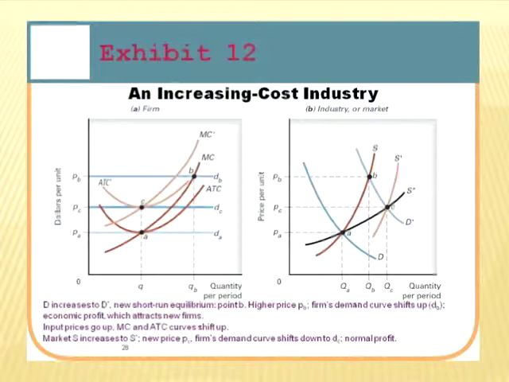In this case, as we expand the output, and probably the better place to look is in panel B, as we expand our output from point A to point C, notice that the price actually increases. Initially, we are at point A, that's the intersection of demand and supply, D and S. We have an increase in demand, which pulls us up to point B. So the price goes from P sub A to P sub B. We have an increase in suppliers.